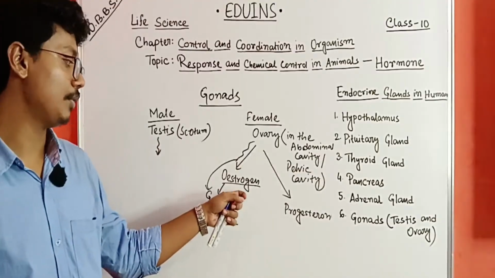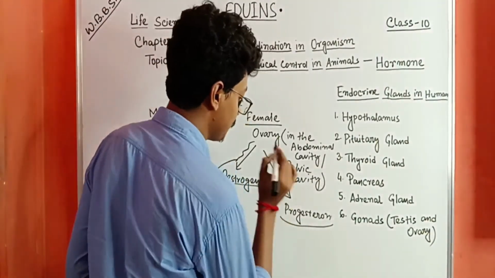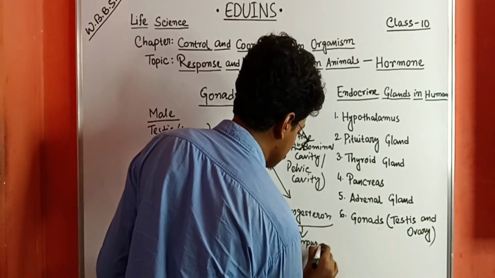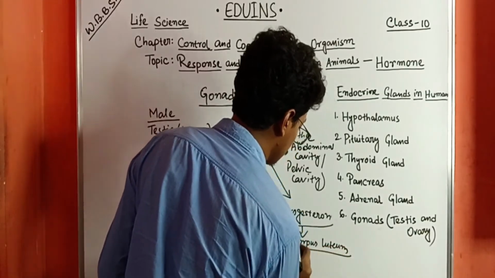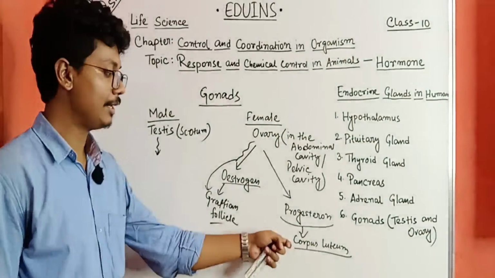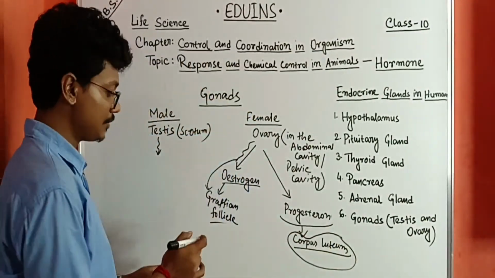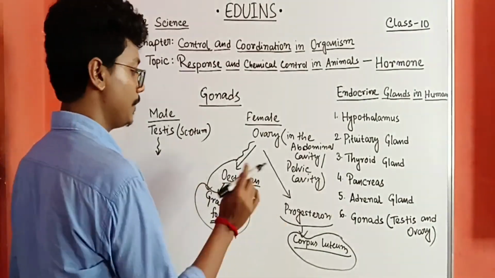And progesterone is released from the corpus luteum. Previously I have already told that the corpus luteum is the resting part of the Graafian follicle after the egg is released.